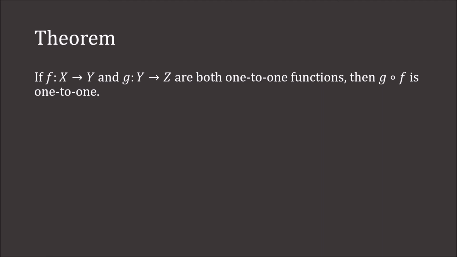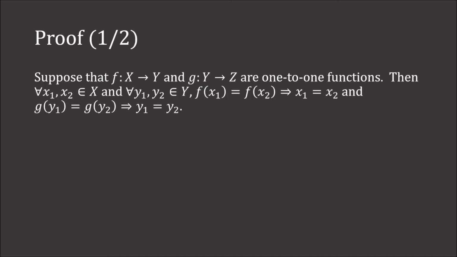So if f goes from X to Y and g going from Y to Z are both one-to-one functions, then g of f is also one-to-one. So the composition of one-to-one functions is one-to-one. So let's suppose that f from X to Y and g from Y to Z are both one-to-one functions.